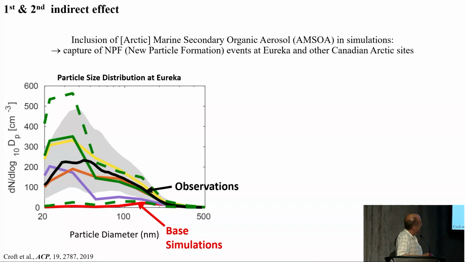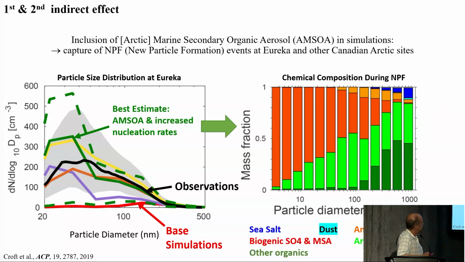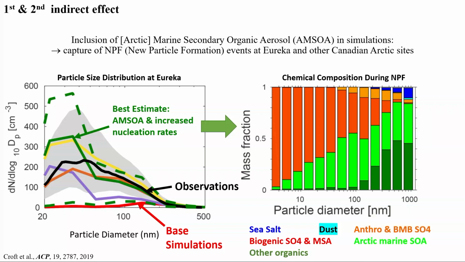When you add secondary organic aerosols to the model, then they agree a lot better with the observations, and it leads one to conclude, when you put things together, that it's secondary organic aerosols. And where do they come from? The marine aerosols. Secondary organic aerosols from marine sources. And this just says that the modeled fraction is a large fraction.